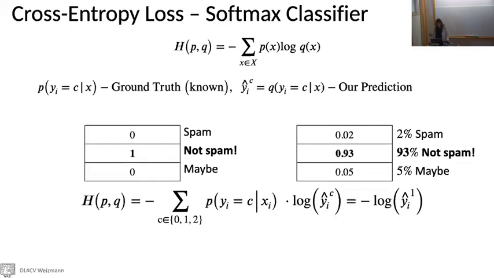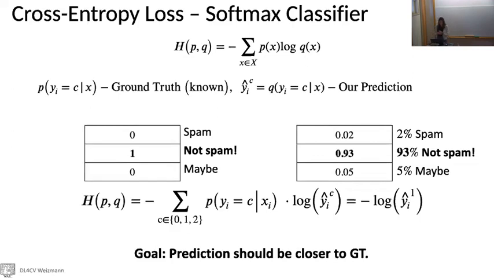Here it's the 1 entry. Our goal is to make the prediction closer to the ground truth, right? So as you can see from this log, we want that 93% to be approaching 1.